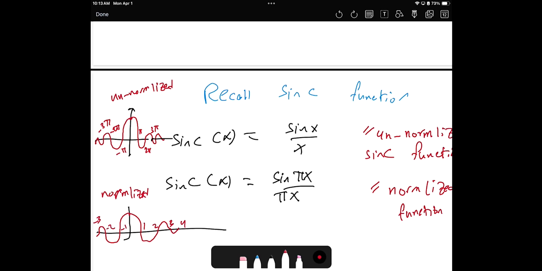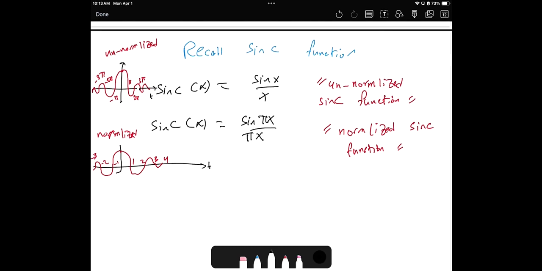So for the normalized, we don't want to use pi on the time axis. We just say 1, 2, 3, negative 1, negative 3. However, if you are dealing with the unnormalized, then you will say pi, 2 pi, 3 pi, or negative pi, negative 2 pi, negative 3 pi. That's the only difference. Otherwise, they are pretty much the same.